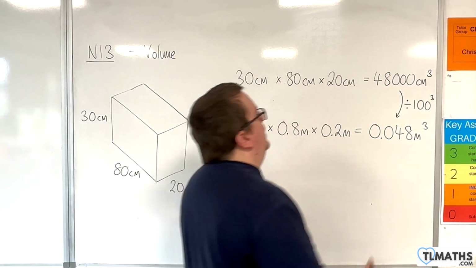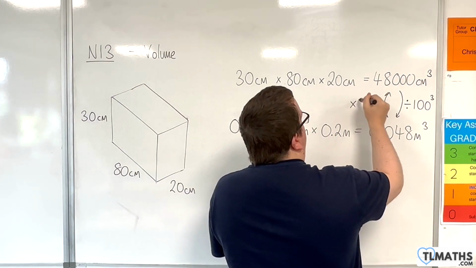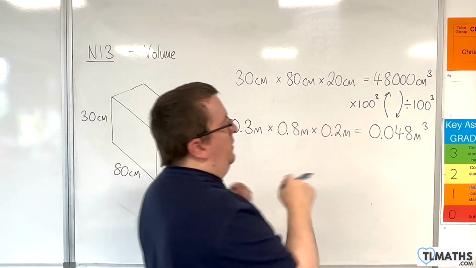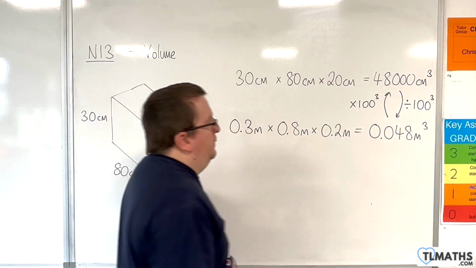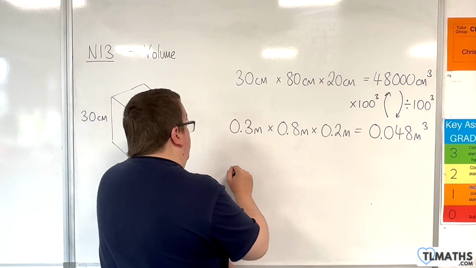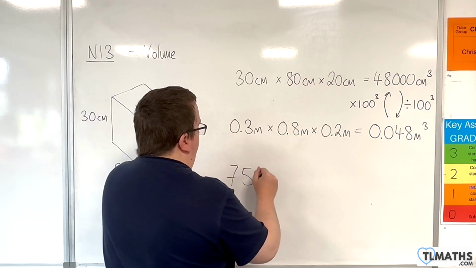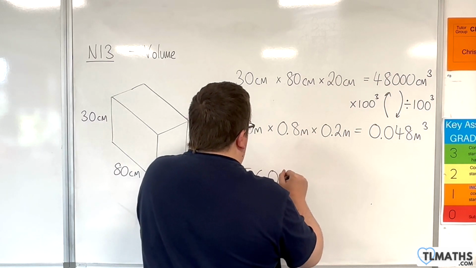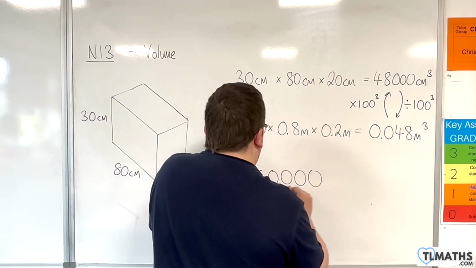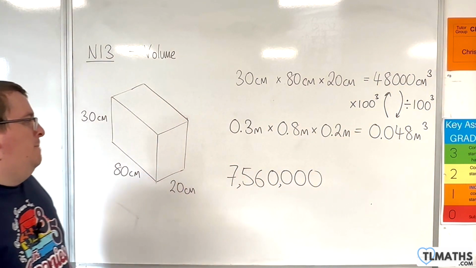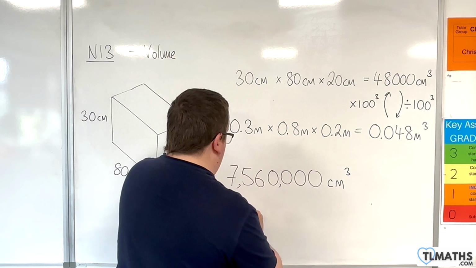Okay, and likewise, to get from cubic metres to cubic centimetres, I would need to multiply by 100 cubed, because 100 in each of the dimensions. So if you have, let's say, a volume of 7,560,000 cubic centimetres.